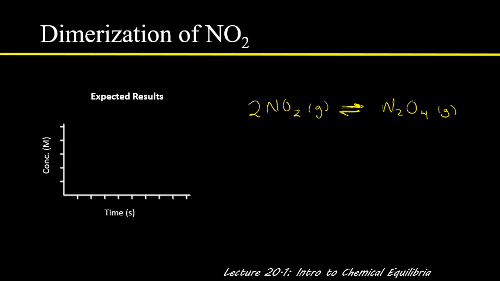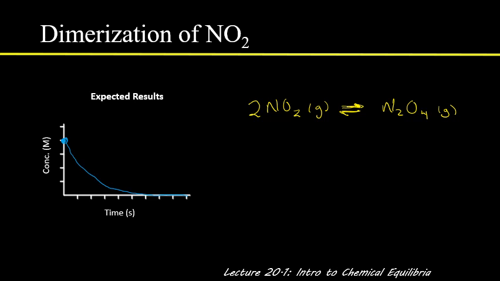So all I was going to do on that last page was rewrite that reaction this way. Okay, so this is the reaction that we're interested in, and again, our expected results, since the N2O4 is slightly more stable, it doesn't have those odd electrons, we would expect that if we started with a container that contained only NO2, the NO2 concentration would decrease to 0 essentially, and the N2O4 concentration would increase.